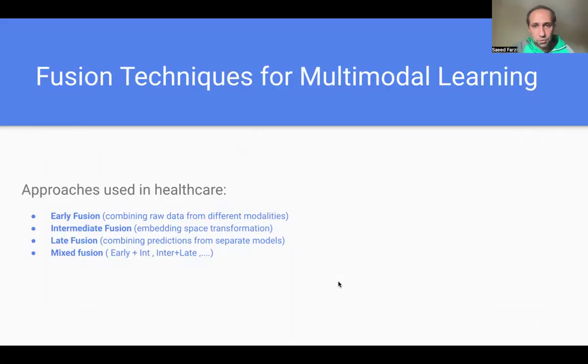We know that the fusion technique is employed to mix and blend the information from the different sources, different modality and types. We have at least four well-known fusion techniques.